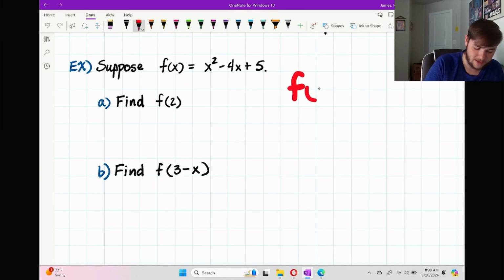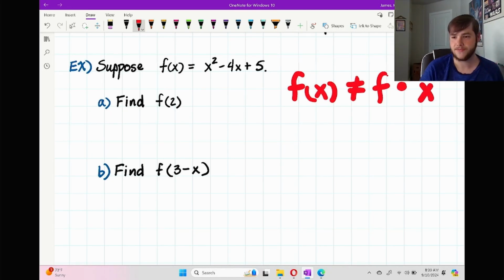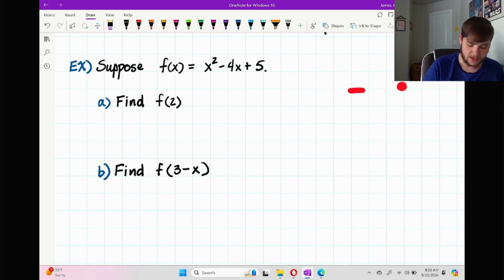F of x is not f times x. F of x is not f times x. So, and now I'm going to promptly erase that because I don't even like seeing it on my screen.